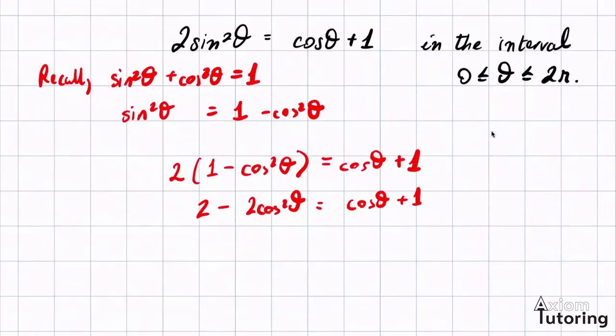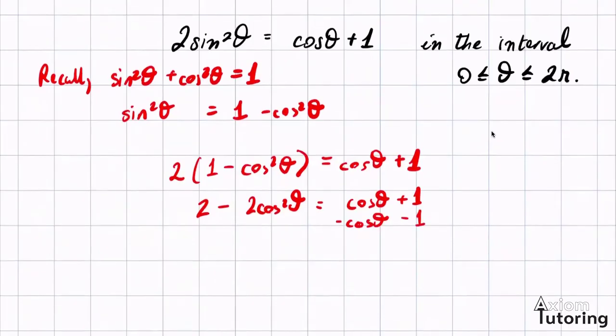Let's get everything to one side. So we're going to minus cos theta to bring it to the left and minus 1 to bring that to the left. And then simplify a little bit. So we get 2 cos squared theta minus cos theta plus 2 minus 1 plus 1 equals 0.